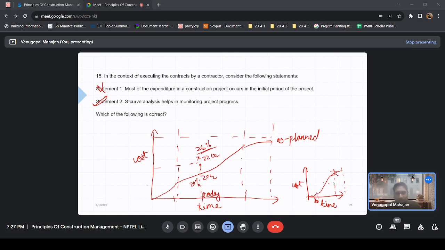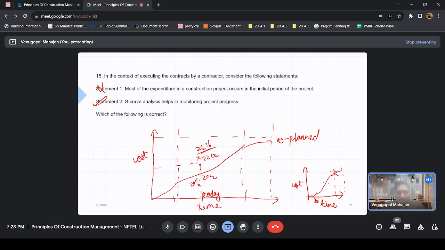Yes, sir. Can we use this S curve to project our time of completion or cost? Sir, this is a very loaded question. As you can see, even while drawing these two S curves, I am not sure which path we will follow. Even in the planning stage, we are not 100% sure what exactly will happen. It's the plan only. So prediction of what is going to happen next is a bit tough.